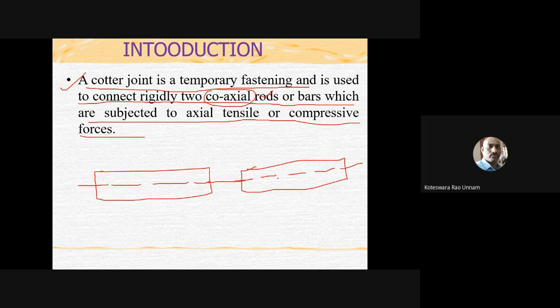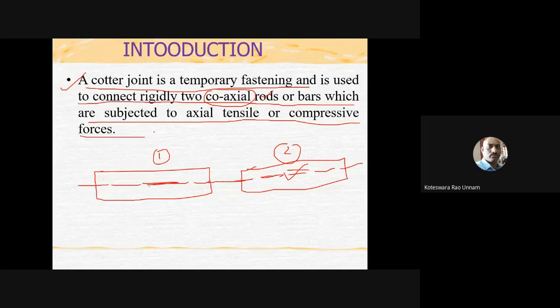If I insert rod 2 into rod 1, or rod 1 into rod 2, the axes of these two should coincide with each other. Then we call them coaxial rods.